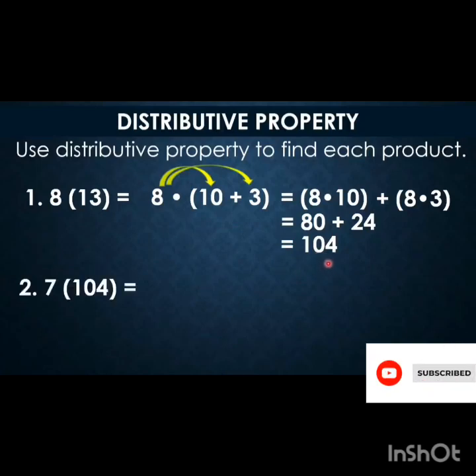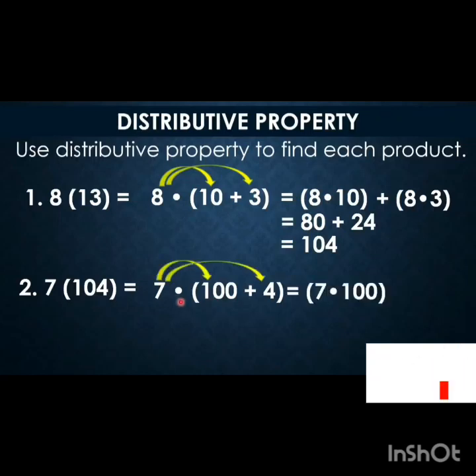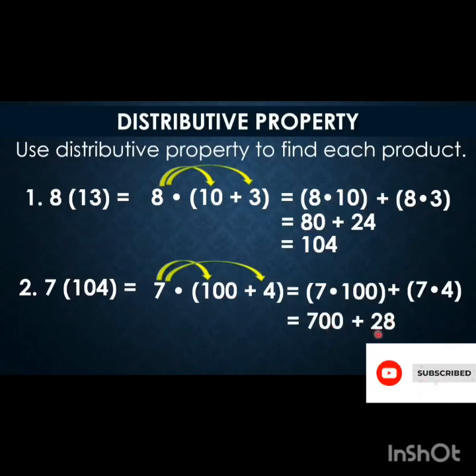Their sum is 104. Second, 7 times 104 means 7 times 100 plus 4. Then 7 times 100 plus 7 times 4. We have 700 plus 28. Then we have what? 728. That's the answer.